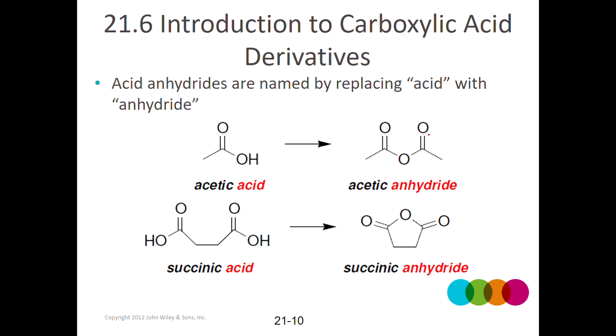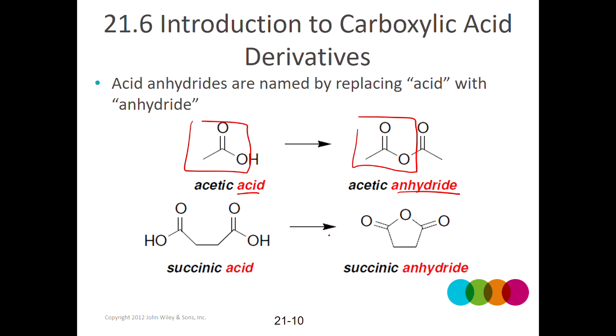The anhydride functional group is a useful functional group. We'll see some reactions involving anhydrides a little later. When you're naming anhydrides, you would name that the same way you would the carboxylic acid, but you're replacing the proton with another carbonyl, so you just change the end of the name to anhydride.